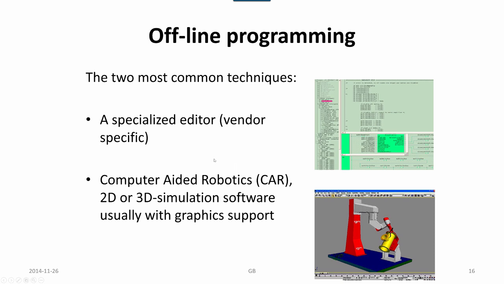There is some kind of specialized editor, which is vendor specific, with syntax checking and so on, and also a graphical view, which shows the system as it would run using the program written in the specialized editor at the same time.